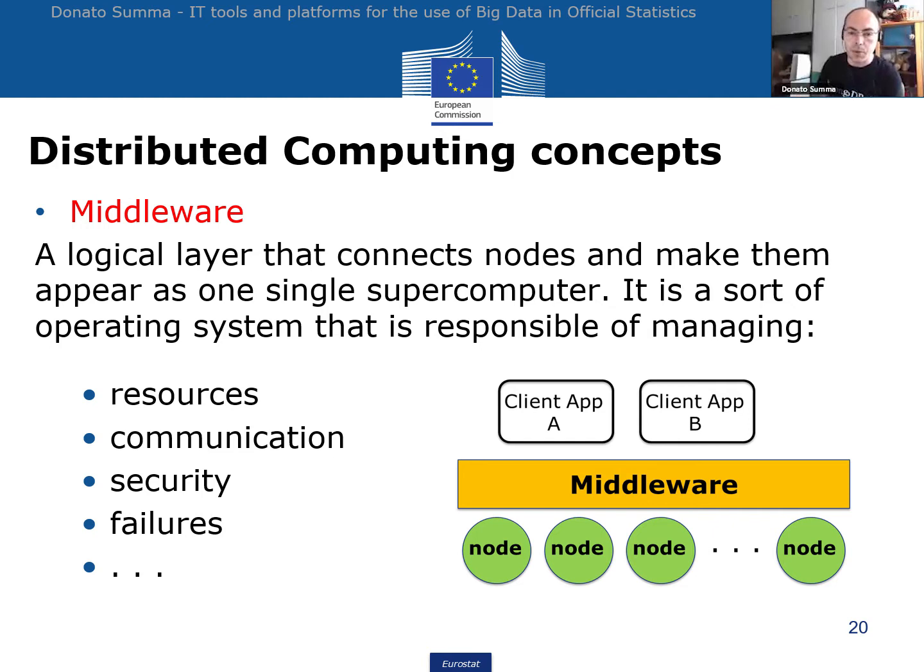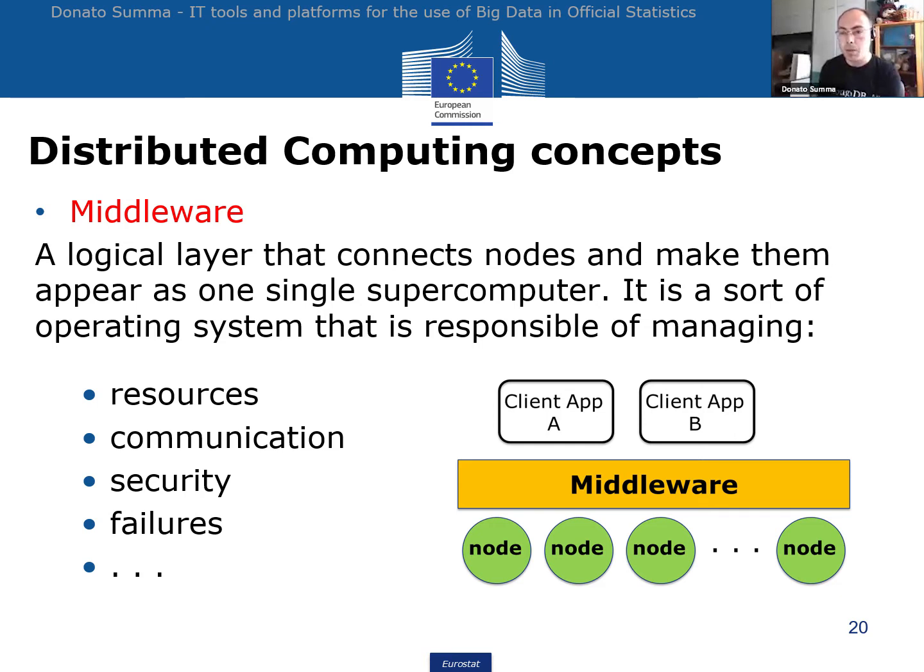So, for example, as you can see from the slide, we can have several client applications that want to request services from our distributed system. They do not interact directly with a node of the system, but they interact with the middleware.